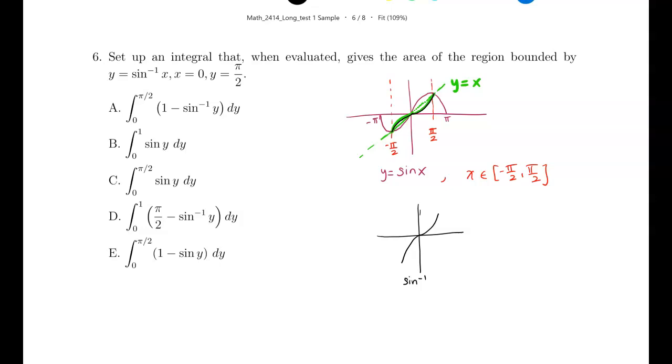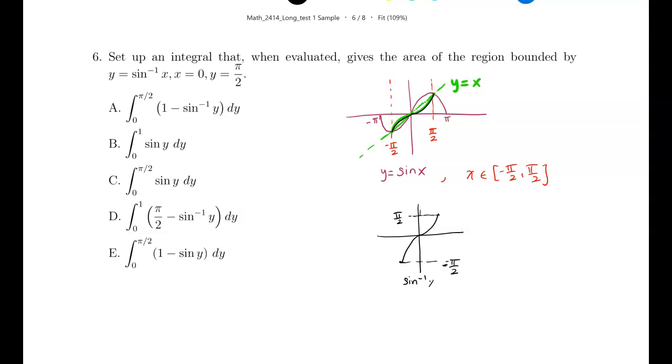And then you would have to change the y values, this is at pi over 2 to negative pi over 2. Because what's the relationship between the domain of the function and its inverse? The domain of the function is now the range of the inverse function.